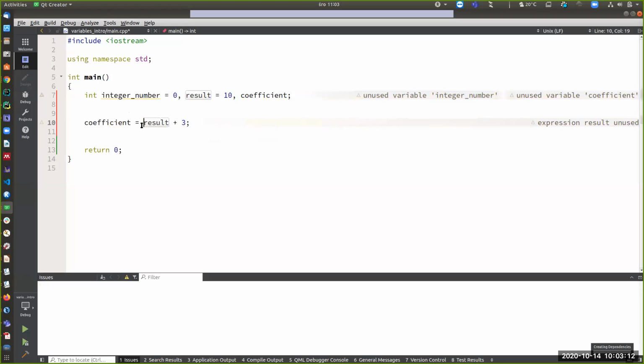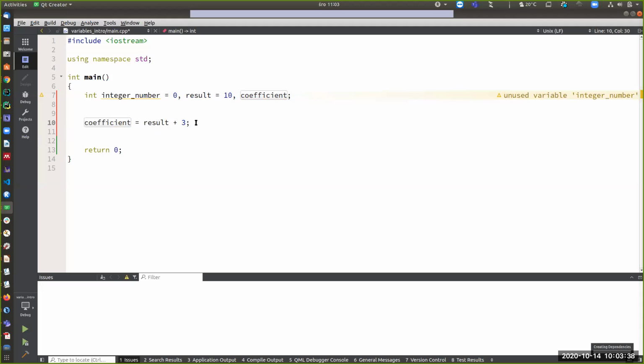So remember that the right value is assigned to the left value. So this operator performs the assignment of the result from the right side to the left side. So here we expect only a single value.